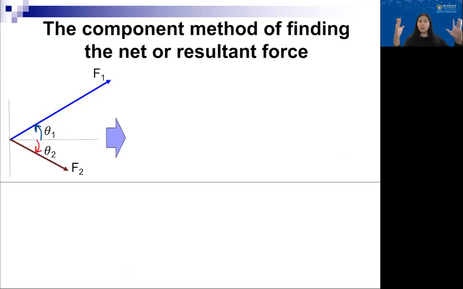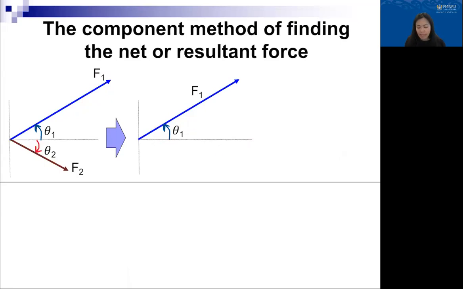It can be overwhelming if you're seeing a lot of diagonal vectors altogether, so look at one vector at a time. Let's start with force F1, the vector for force F1. When we say vector, it's just the arrow that's representing the force. So the vector for force F1 is diagonal, at an angle theta1 relative to the horizontal axis.